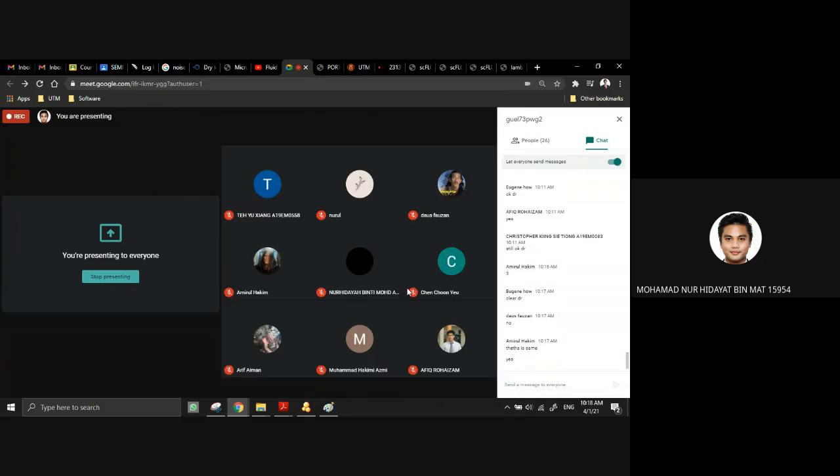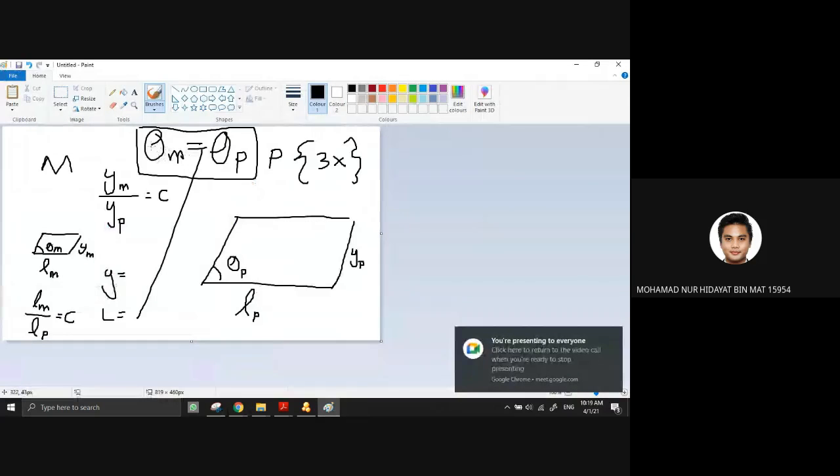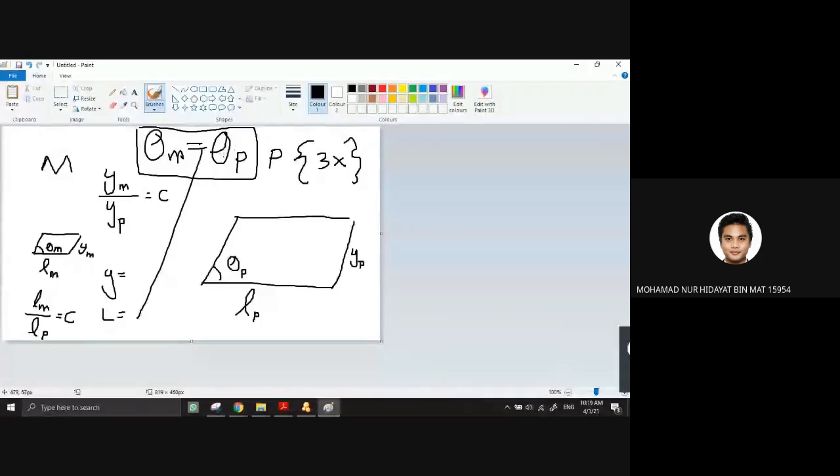Anyone please comment what the dimension is. L. Okay, what's the dimension of theta? I mean, what's the dimension of angle? Dimensionless. So in here, there is no dimension of angle. So it is not applied to the ratio of angle, the ratio of dimensionless. It applies to the ratio of linear dimension, which is length with length, y with y. Okay, that's all.